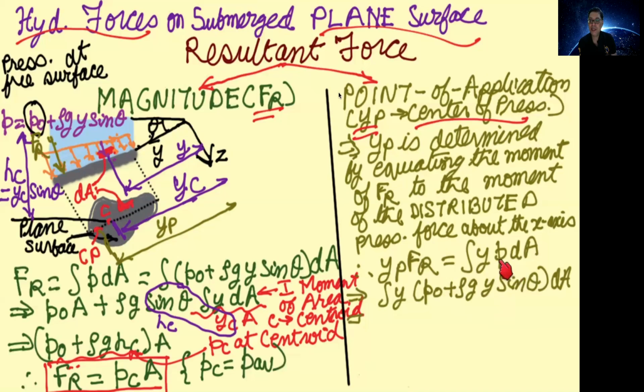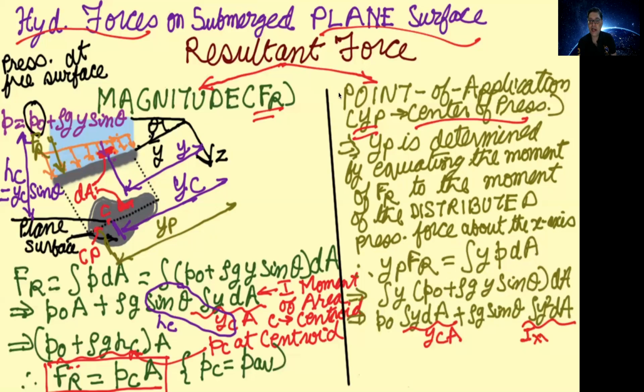Now if you substitute the pressure at any height h, with h equal to y sine theta, this pressure becomes P0 plus rho g y sine theta. Now this has two terms in the integrand, and you will obtain P naught integral of y dA plus rho g sine theta integral of y squared dA.